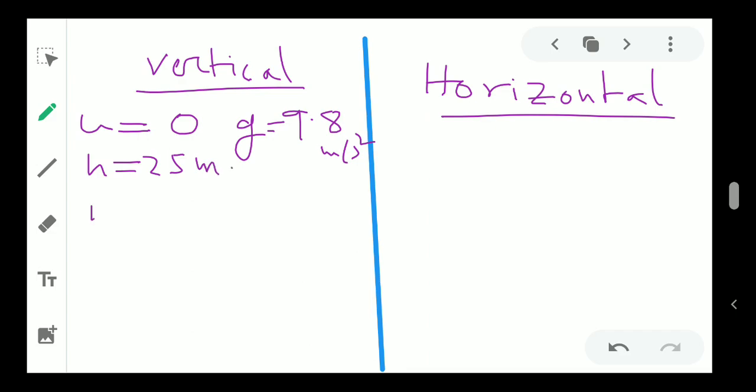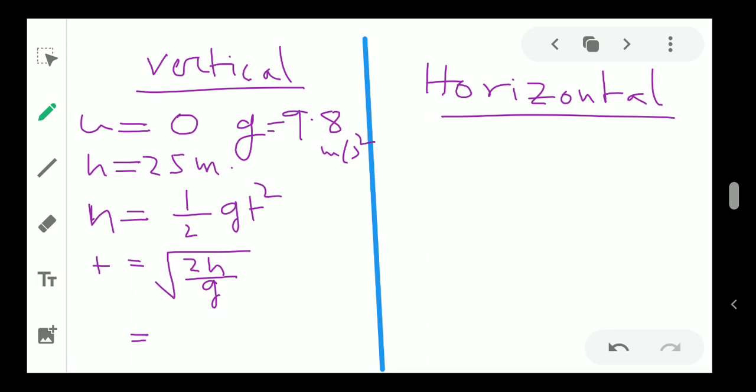So I can write that s equal to ut plus half at square. Now u is 0, so only half gt square, and using that we can easily find out t equal to root over 2h by g.